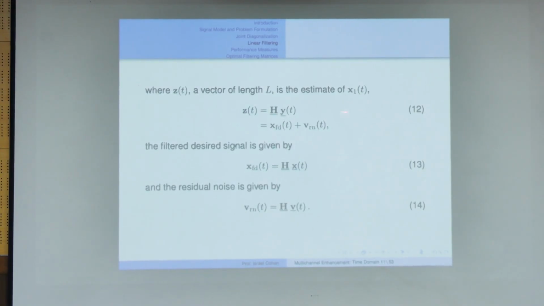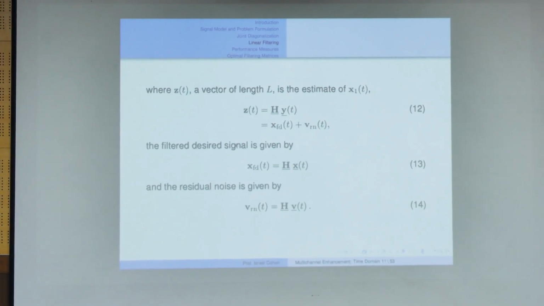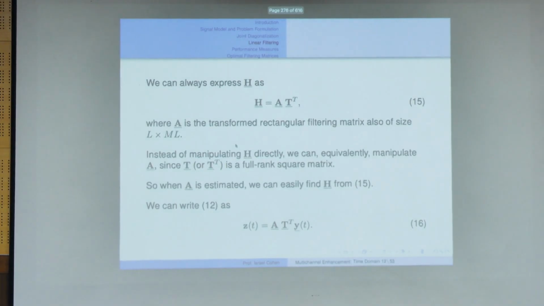So you see this is in the time domain, multi-channel. We have the desired signal filtered simply by multiplying the signal X, this vector which contains ML samples, with the matrix, and also the noise with this matrix. This is the filtering matrix. We can work in the transform domain. So we can write H as A multiplied with T transpose.